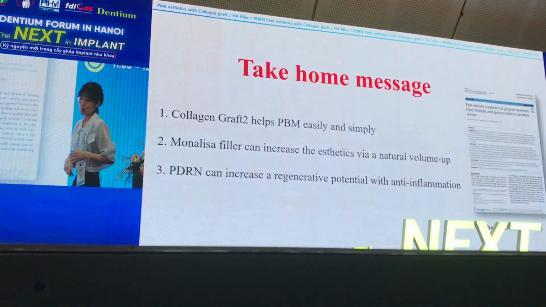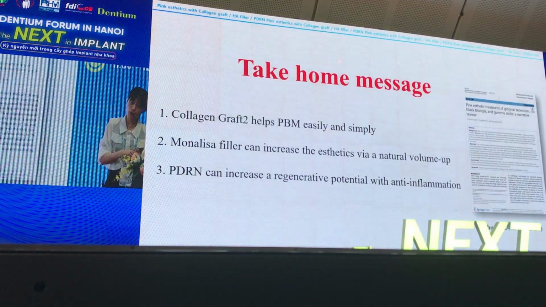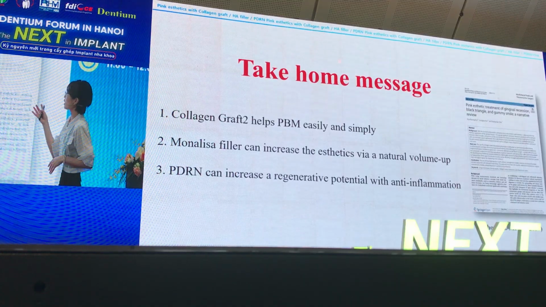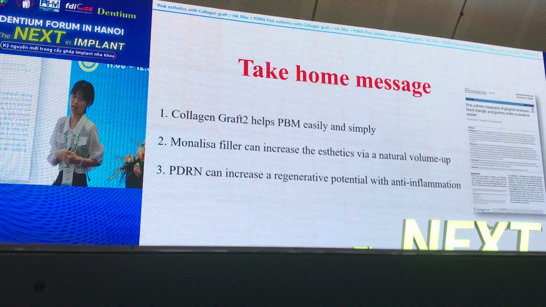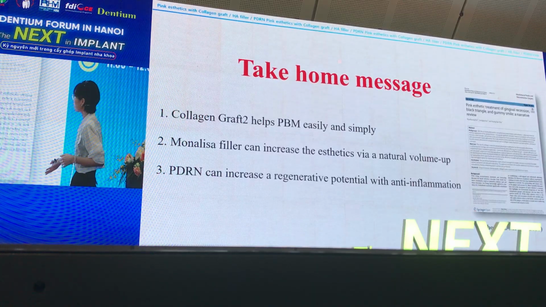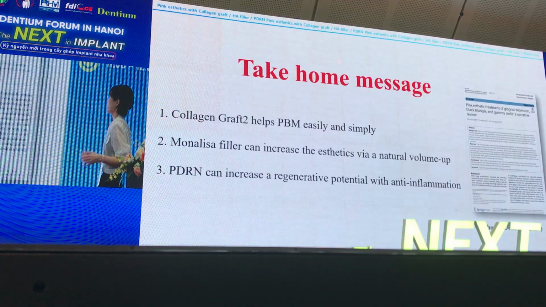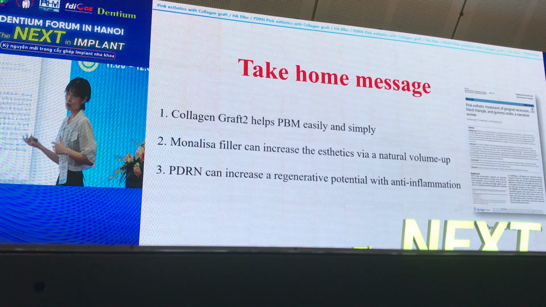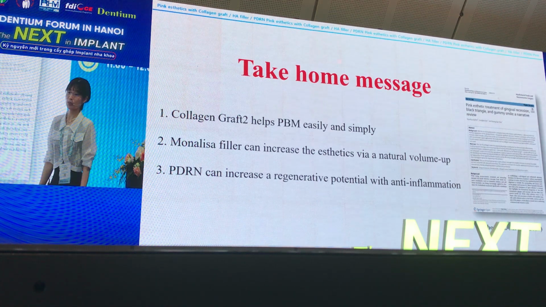So I'd like to give you guys a take-home message. Collagen graft helps the PDRN easily and simply. And also, the Monalisa can encourage the aesthetics via volume up, and also including the triangle treatment.